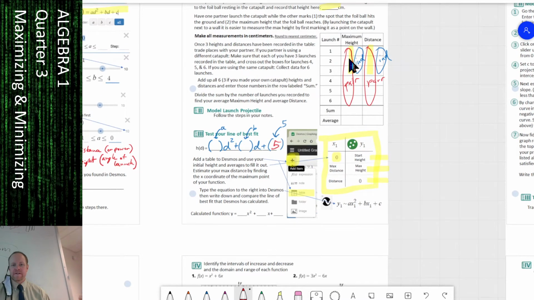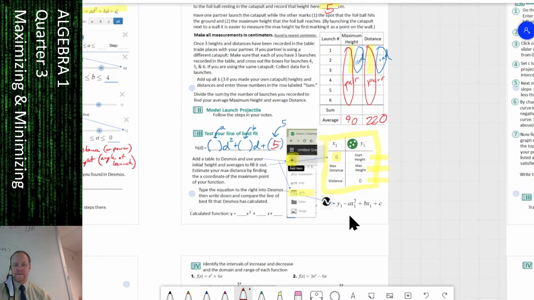And those numbers, you would have taken them from right here. So my maximum height, I said, was 90. My distance was 220. And 5 was what I would have filled in up there for my starting height.